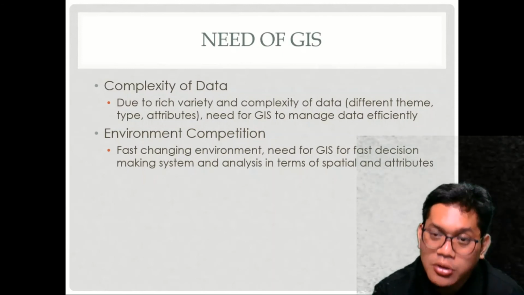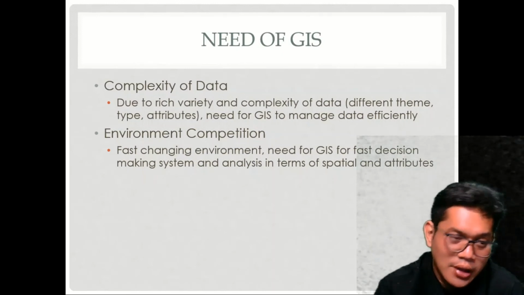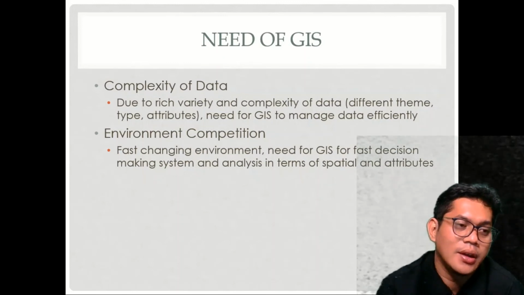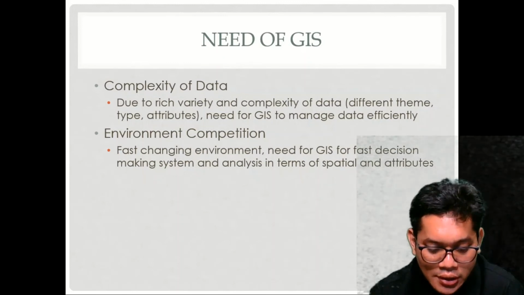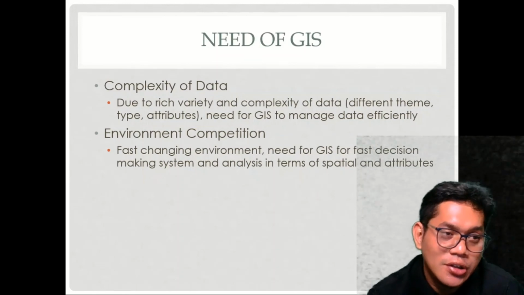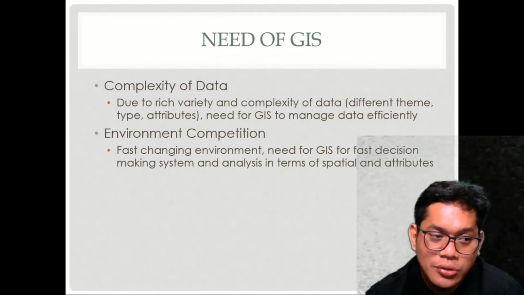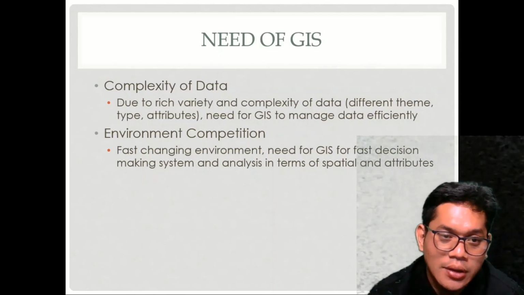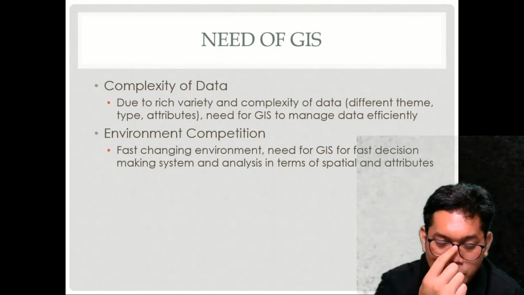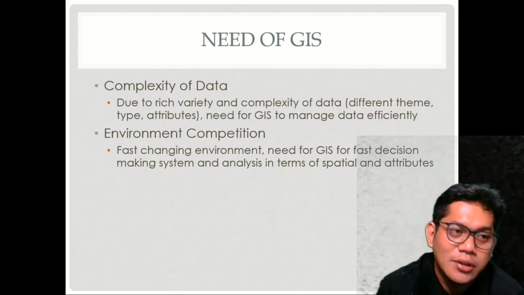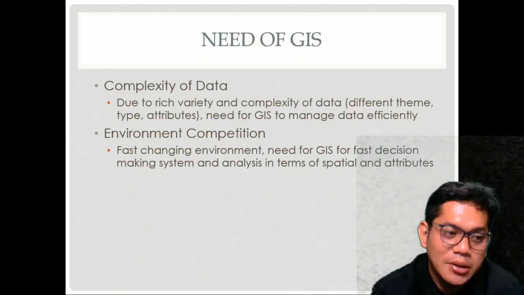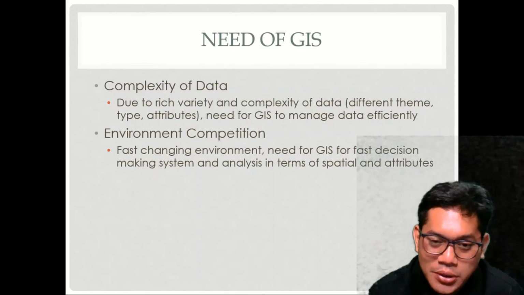For example, the COVID-19 system. The government is using the GIS to monitor COVID-19, and also to track persons under investigation, and also to update the movement of the people. So all of it is due to the fast changing environment. It's important for the GIS to be used so that policymakers are able to come up with proper decision making.